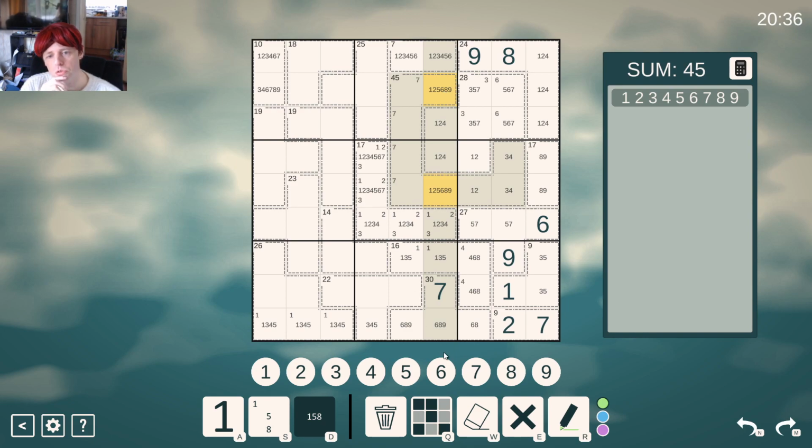And both of them is an option, because that could be 6. Then that would be 8 and that would be 9.